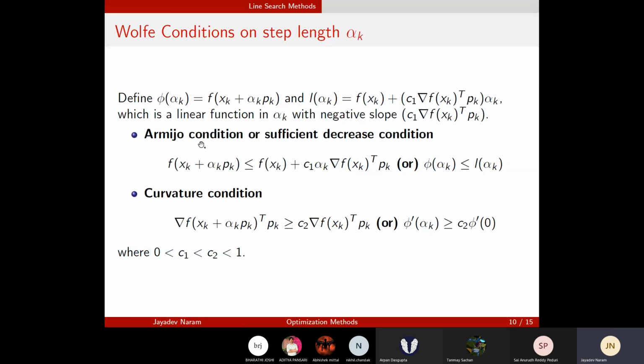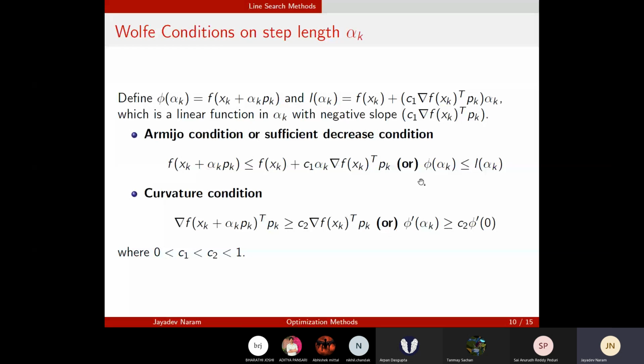So what the first condition says, the Armijo condition or the sufficient decrease condition, is that the function value at a particular alpha k, whatever we are choosing, should be less than or equal to this quantity, or in compact form, phi of alpha k should be less than or equal to L of alpha k.